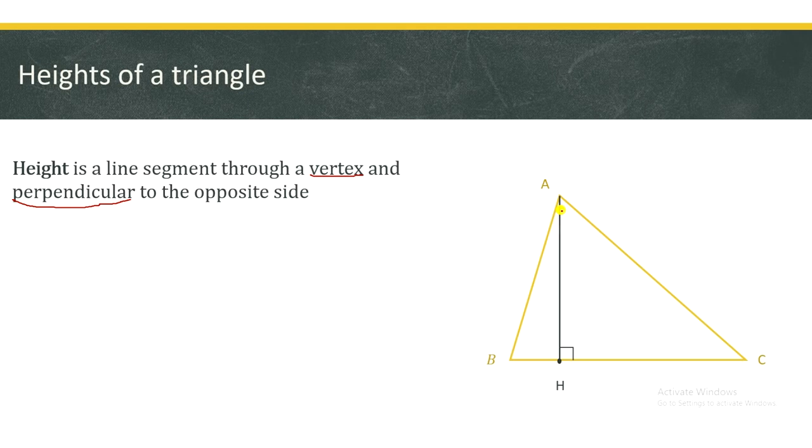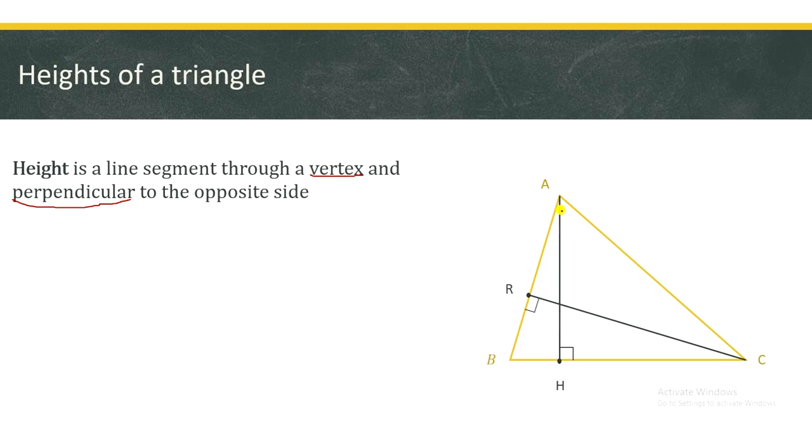To draw another one, using the set square, put it on the opposite side of the vertex C, so on AB, and draw the perpendicular line on AB passing through the vertex C. Name it CR, the height CR, and don't forget the notation of the right angle.